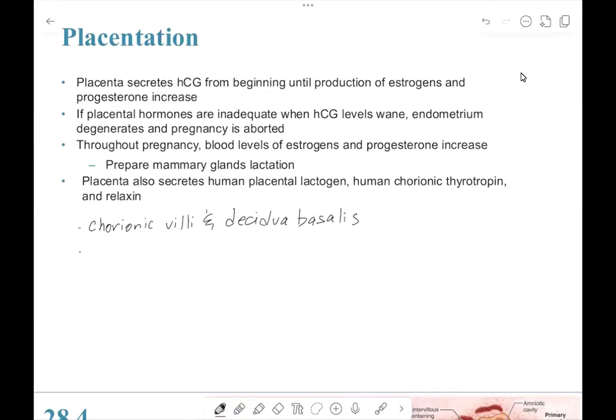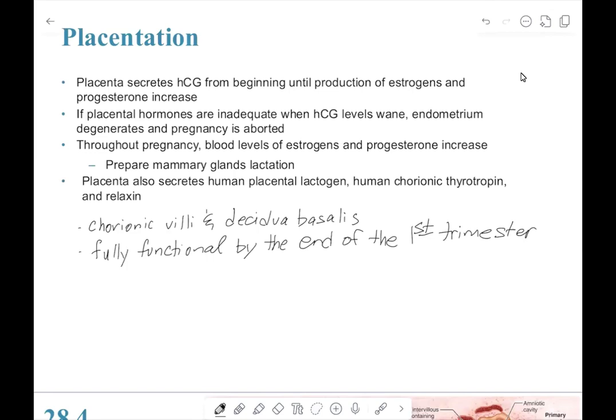And the placenta is going to be a super, super important structure that is fully functional by the end of the first trimester. So after the first 3 months.